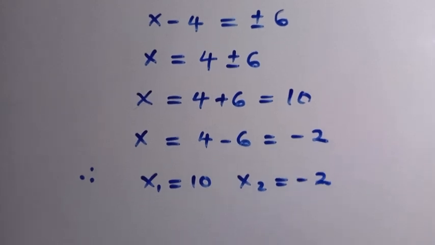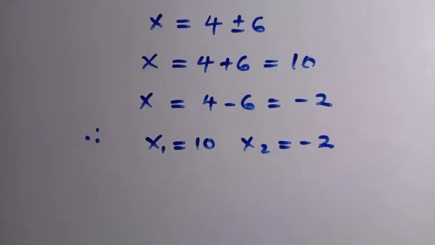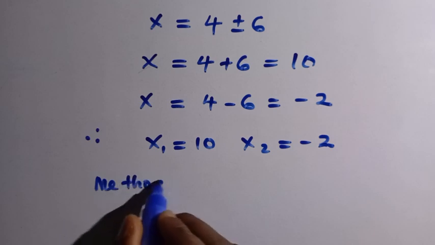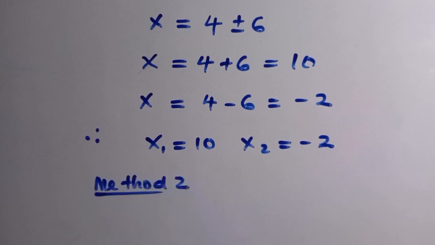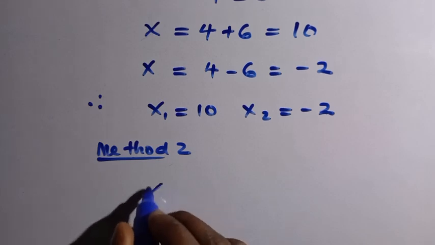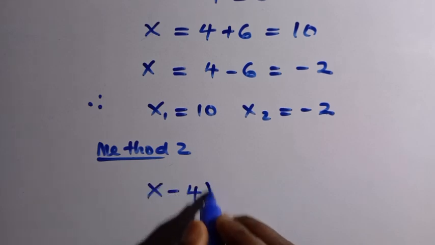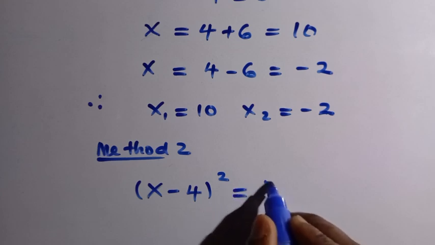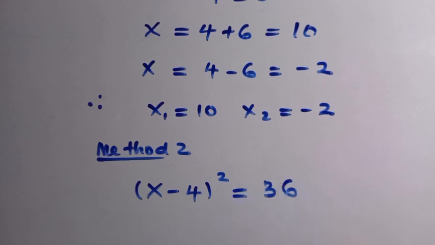We have to consider the second method here. Suppose we have method 2, and we see which one is more effective to use. The question says (x - 4) raised to the power of 2 equals 36.